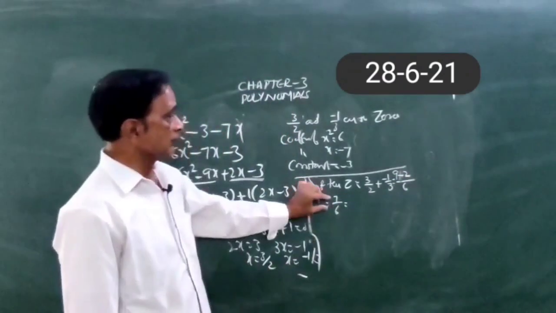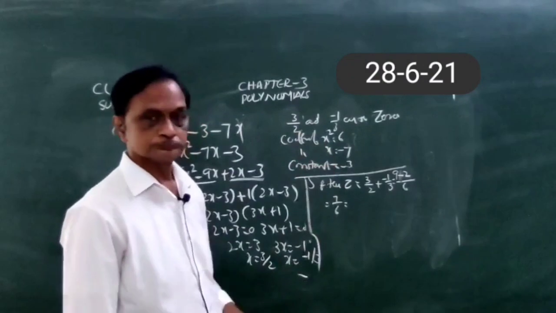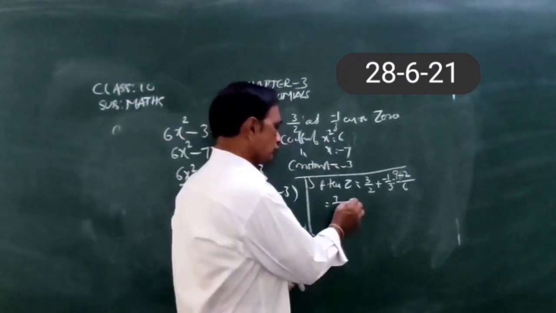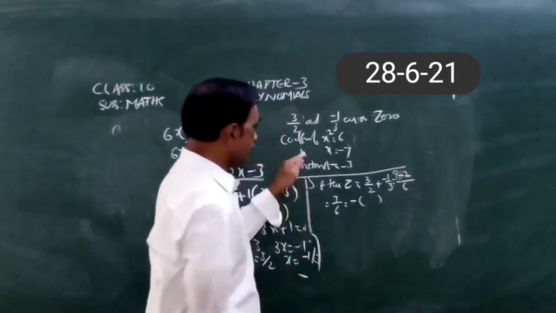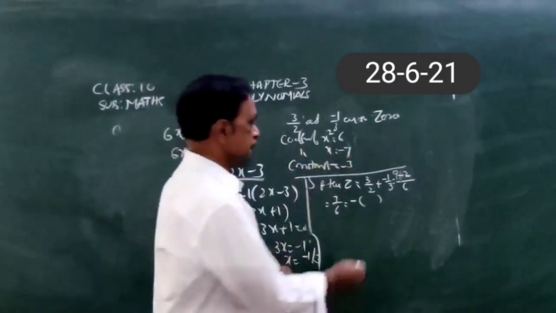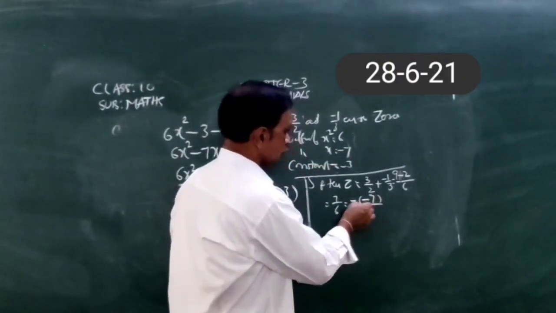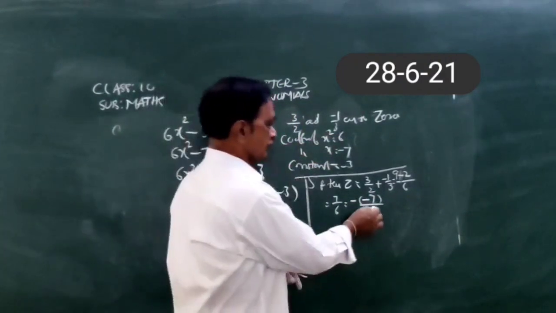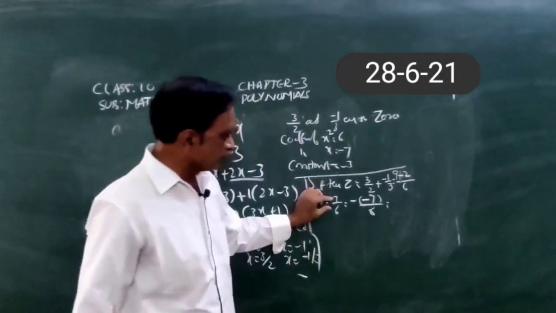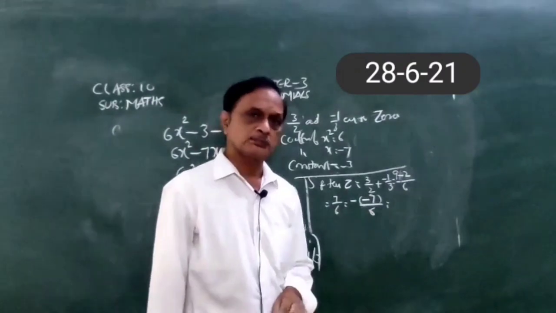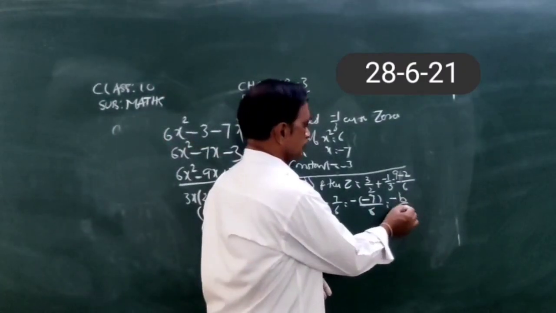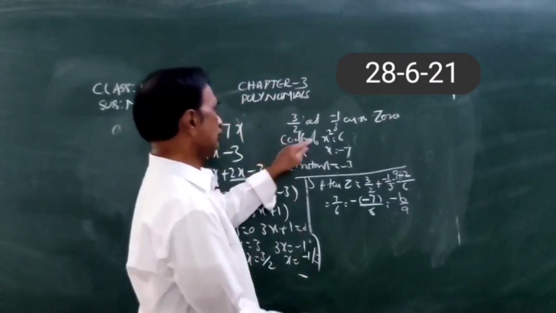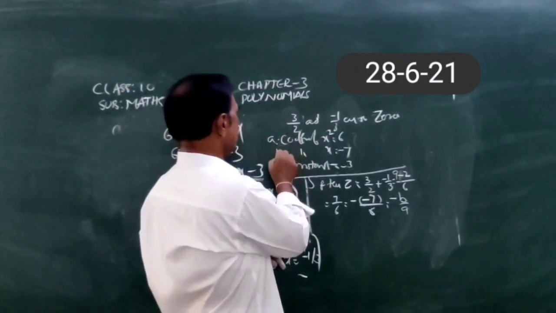Now how do you express this 7 by 6 in terms of these 3? I already told you, put minus first. Then you write the coefficient of x, value minus 7, by the coefficient of x square, 6. Can we write the 7 by 6 in the form of minus of minus 7 by 6? Yes. Nothing but minus b by a. Maybe coefficient of x square is a, coefficient of x is b, and the constant is c.